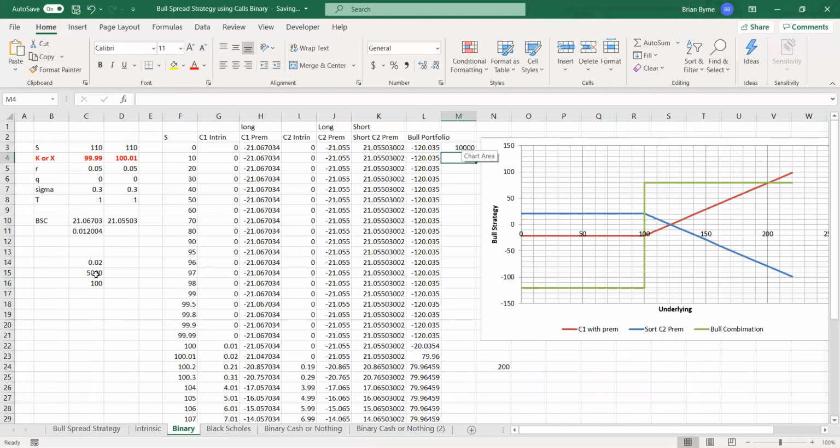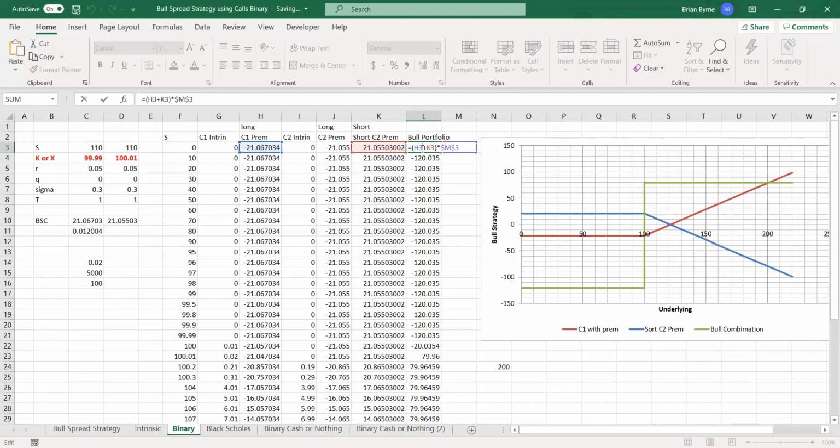So scaling it by the right amount is how we set up the bull spread so that it replicates the cash or nothing. We have to ensure that the scaling amount here, what we multiply the portfolio by, the amount of the cost of the premiums under different circumstances, must be consistent, so that we get the cash amount that we're looking for in this case.